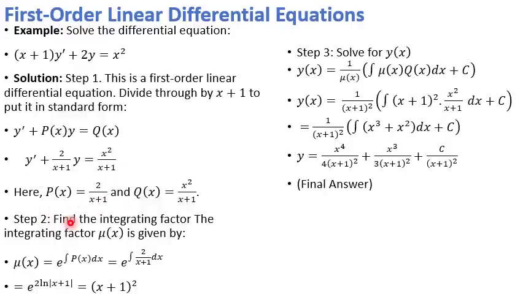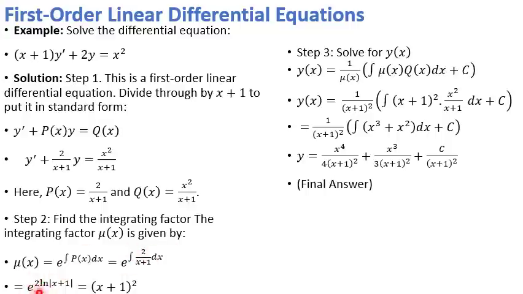The next step is to find the integrating factor. So the integrating factor mu of x is given by this expression, exponential raised to power integral of p of x dx. Now p of x is 2 all over x plus 1. Therefore, substituting 2 all over x plus 1 for p of x gives us this, and well, we can integrate that.